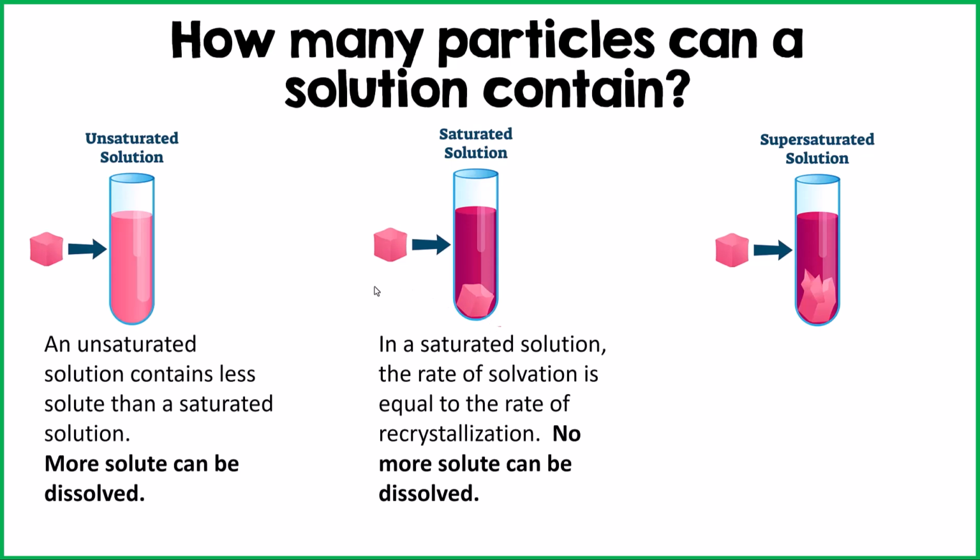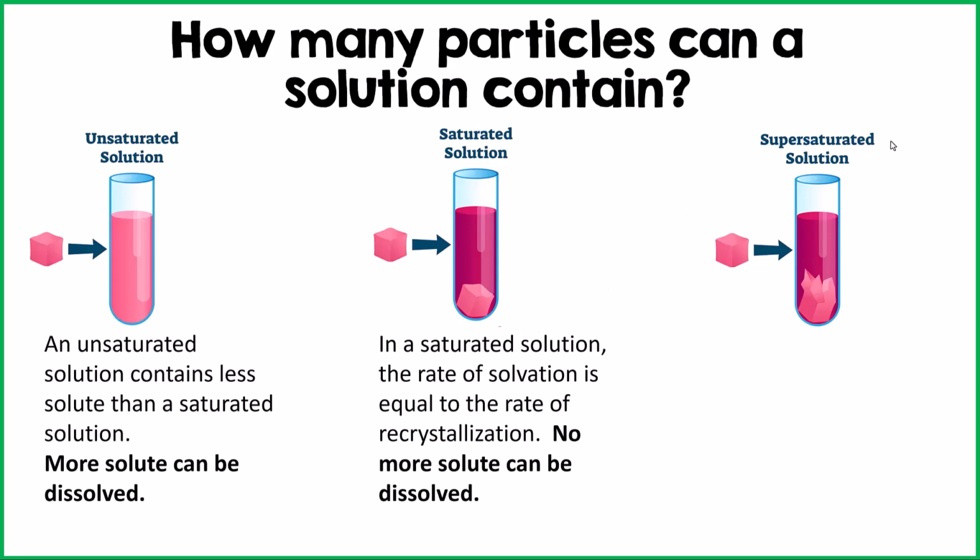So this is sort of equal here in that the rate of solvation, or dissolving the solute, is equal to the formation of the solute. And so this solution is as full of solute as possible. No more solute can be dissolved in this solution, and we call that saturated.